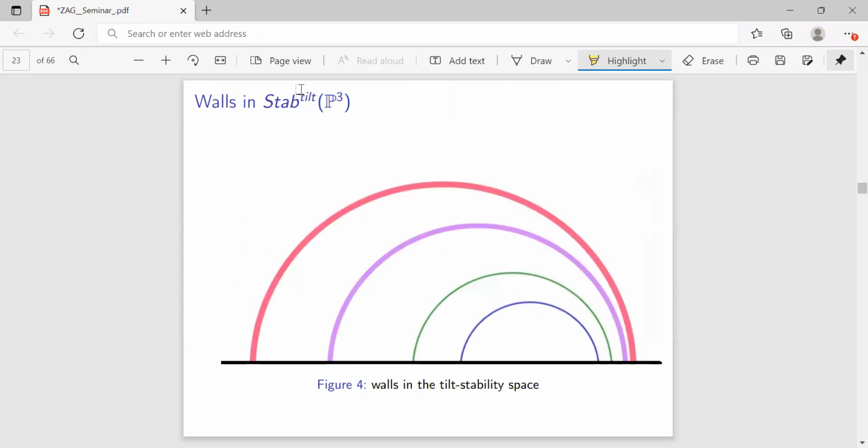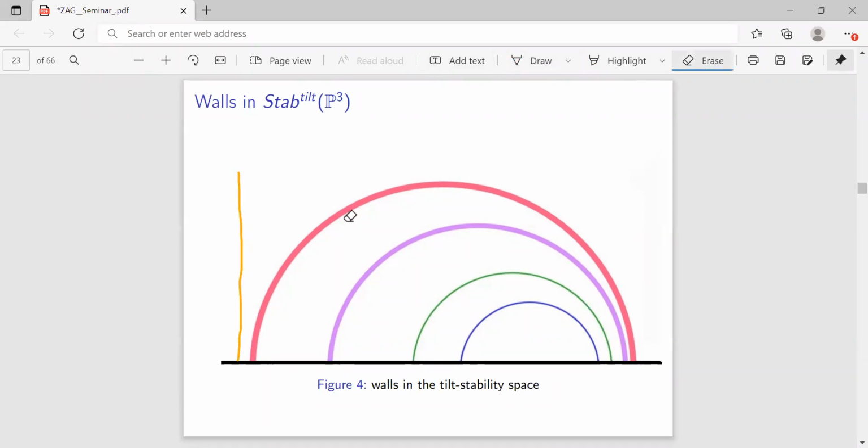So this is Stab tilt of P3, the space of tilt-stable objects on the derived category. If you look at the walls here, in our case, we have these 4 walls, these 4 nested semicircles. In general, walls in the tilt stability space are either nested semicircles or vertical lines.